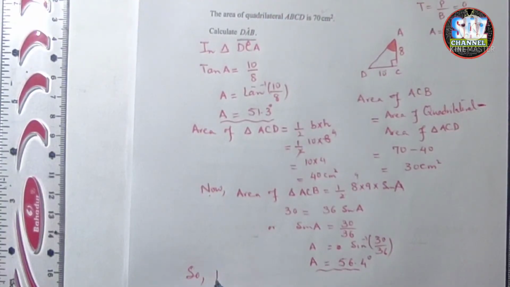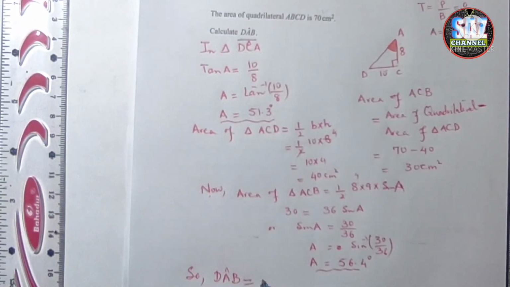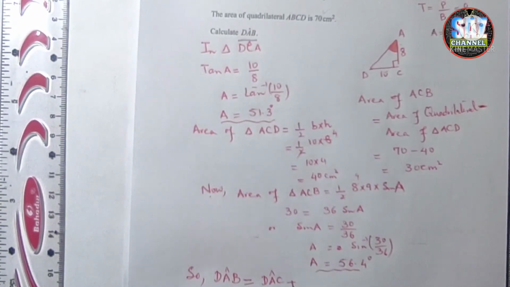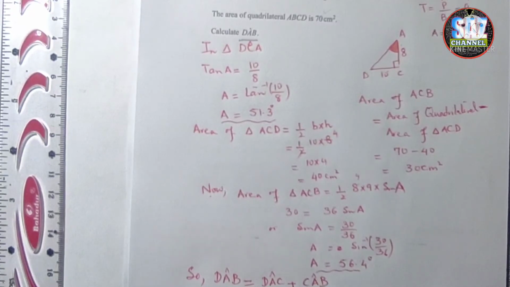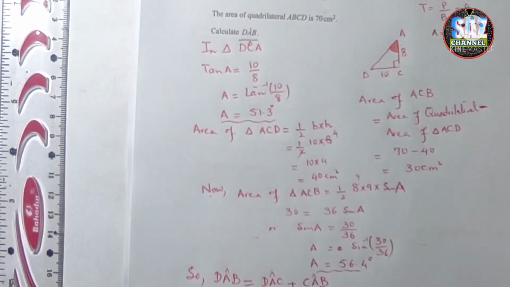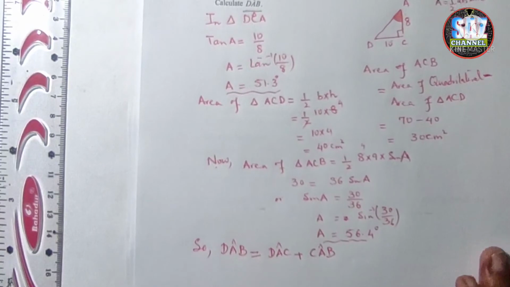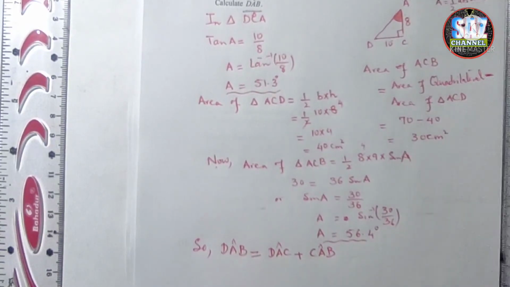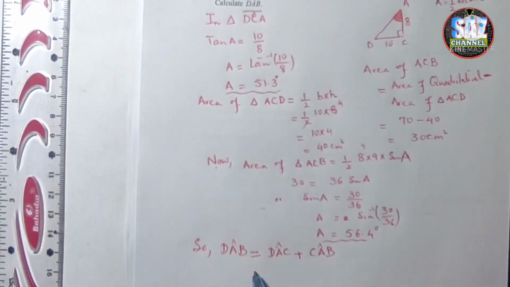Angle DAB equals what? Angle DAC plus angle CAB.